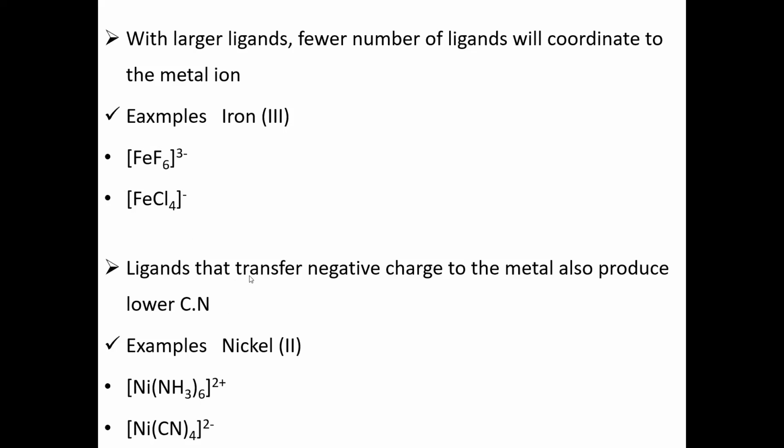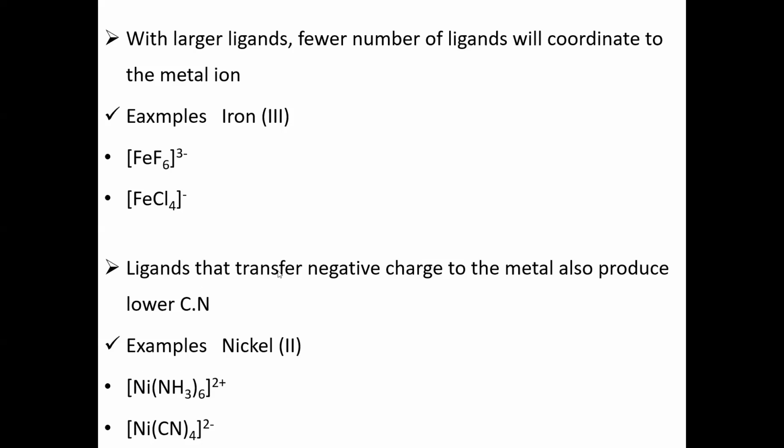Also, ligands that transfer negative charge to the metal produce lower coordination number. Example, your anionic ligands and your neutral ligands. Your anionic ligand, because it is going to transfer more charge to the metal center, the metal center will coordinate less of such ligand. Unlike your neutral ligand, which is not transferring any charge to the metal, so your metal can coordinate more of the ligand.